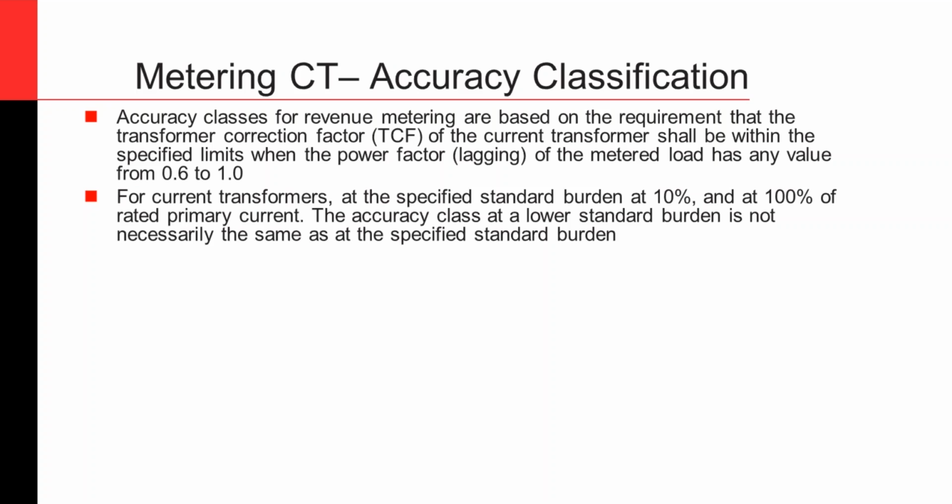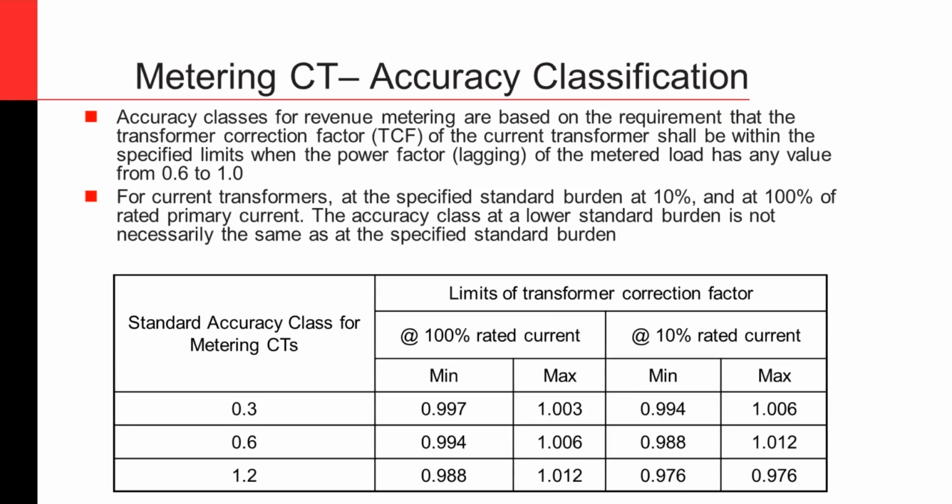Or in other terms, how much resistance is offered by the circuit connected to the CT to the flow of current through the CT secondary. That's called the burden of the CT. And for a rated burden, from 10% to 100% of the rated primary current, your CT ratio should be within the specified limit.